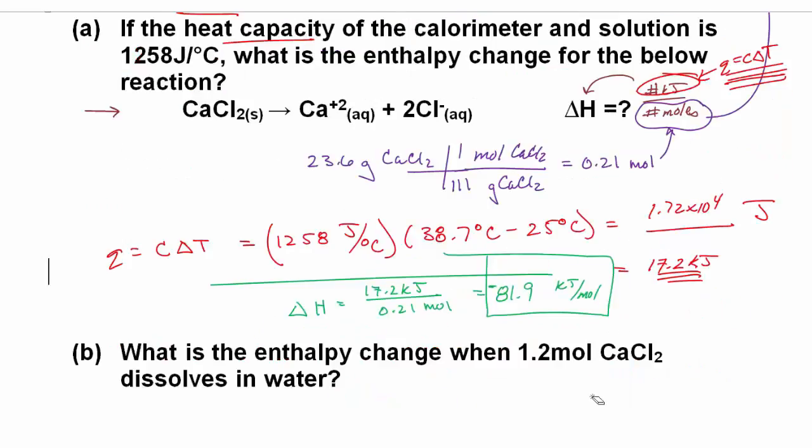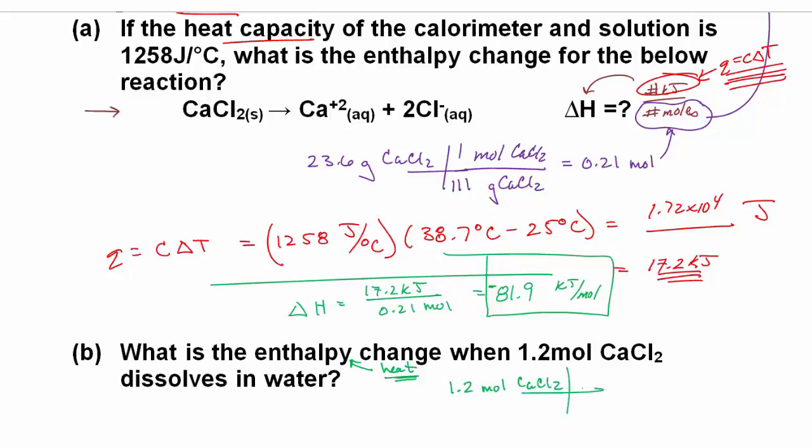What is the enthalpy change when 1.2 moles of calcium chloride dissolves in water? So now they're not looking for the enthalpy change for a reaction. They're looking for the enthalpy change when just a certain amount reacts. So another word for this is really just heat. How much heat is given off or absorbed when this amount reacts? We have 1.2 moles of calcium chloride.